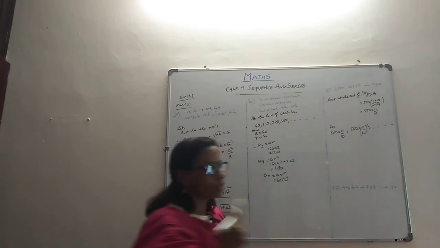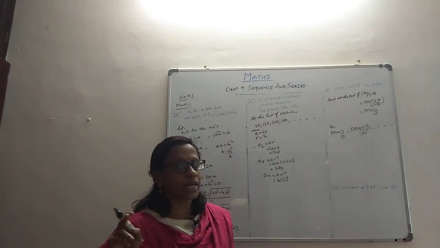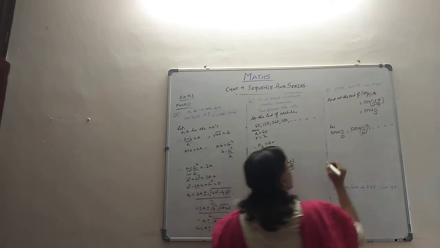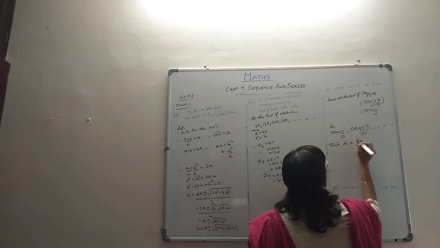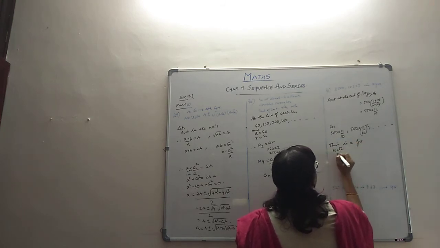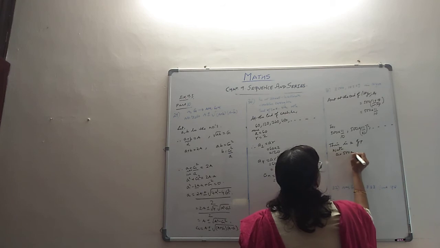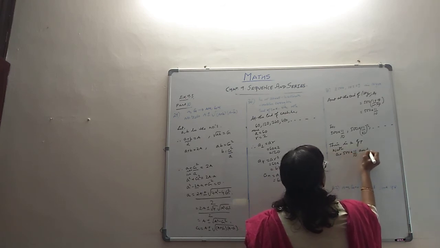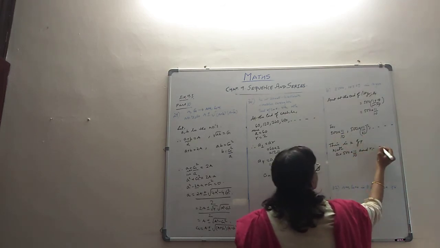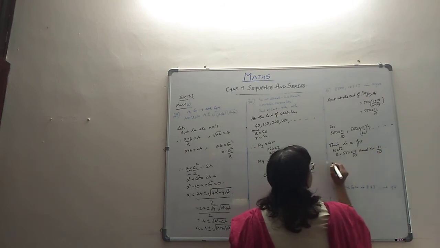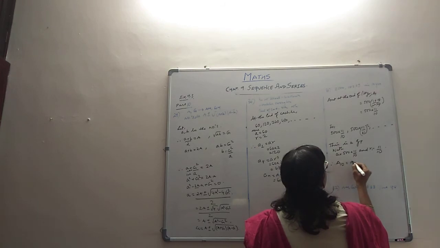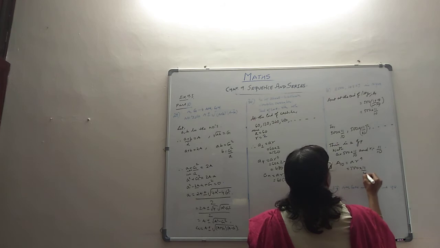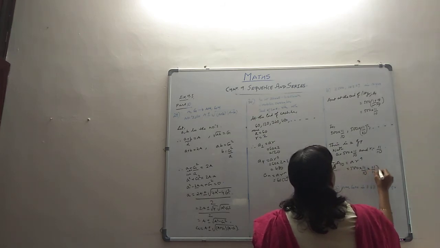That's how it will go, because we have learned that formula, 1 plus R by 100 raised to N. So, this is a GP with A as 500 into 11 by 10 and R is, you take the ratio of this, so it will come to 11 by 10. Therefore, at the end of 10 years, A10 is going to be A R raised to 9, which means 500 into 11 by 10 into 11 by 10 raised to 9.